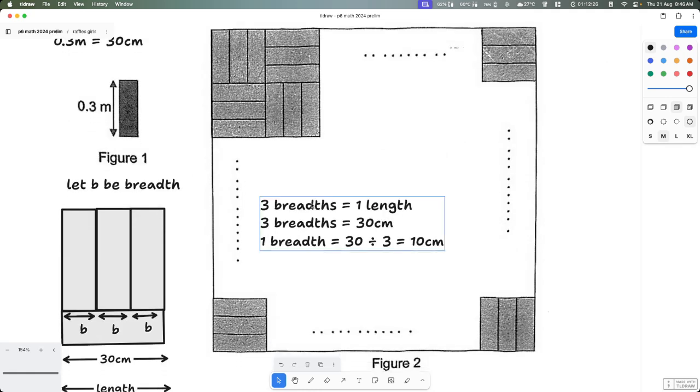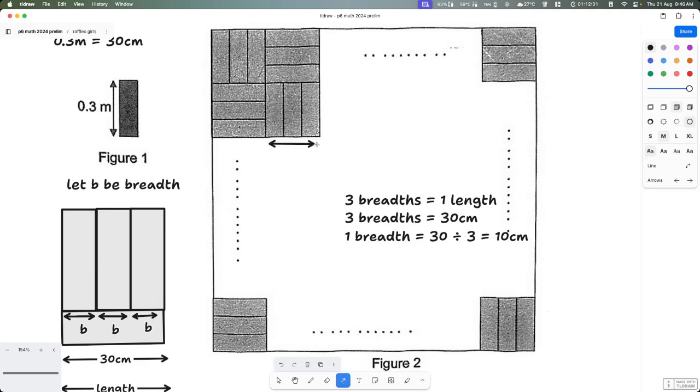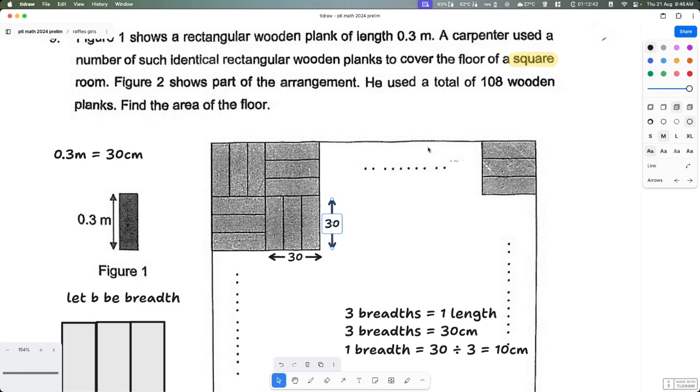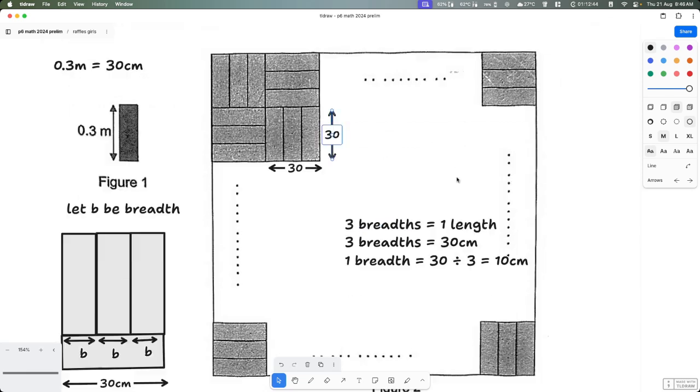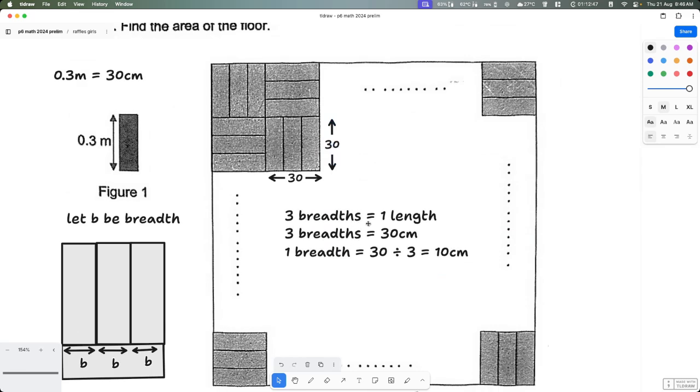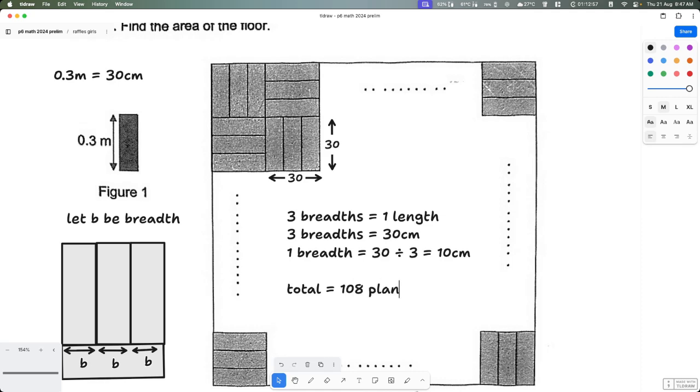I think it's pretty straightforward. One plank over here is 30, the other one is 30. Now with the 108 wooden planks, the total is equal to 108 planks, and one group is equal to 3 planks.